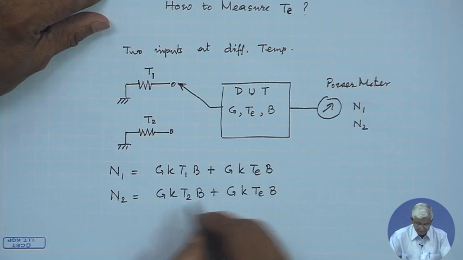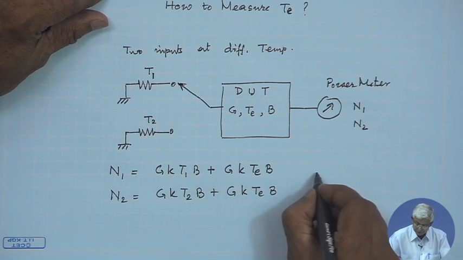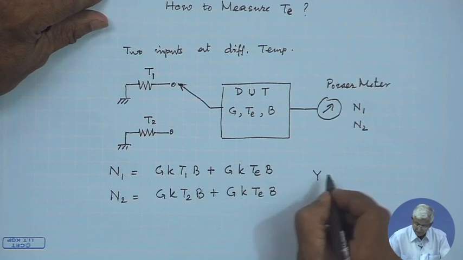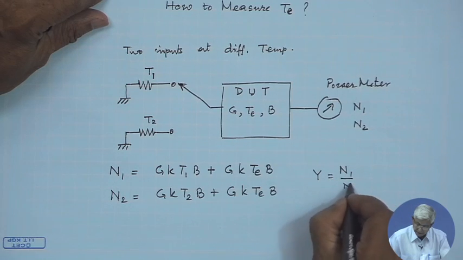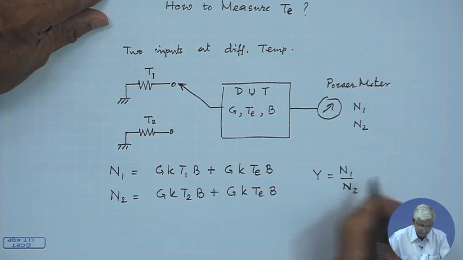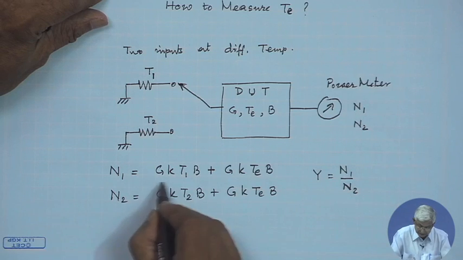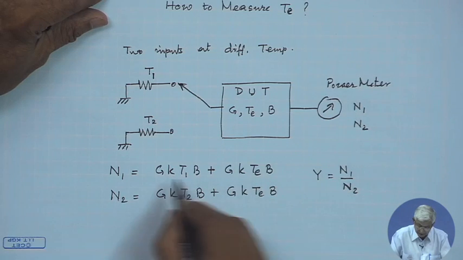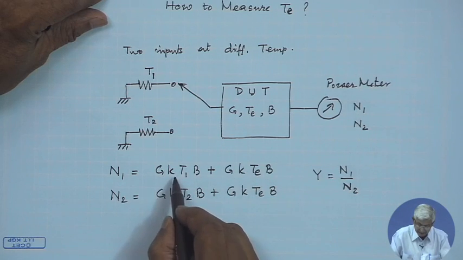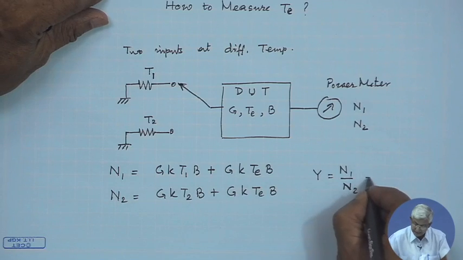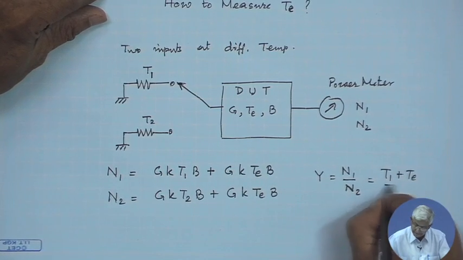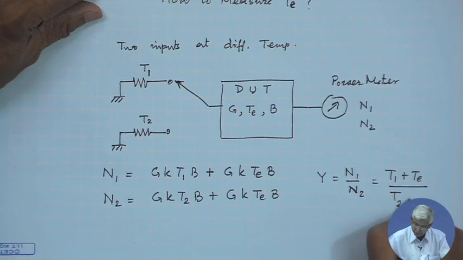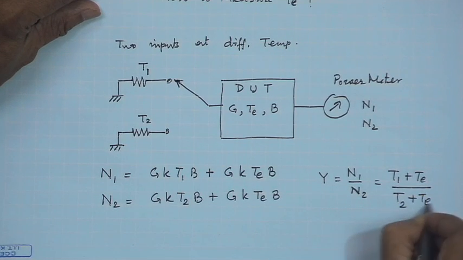Now, if you take the ratio of these two and we call a factor called Y is equal to N1 by N2. If you take the ratio of these two, many of the things like the gain, k, B will get cancelled and you will be left with T1 plus Te by T2 plus Te.